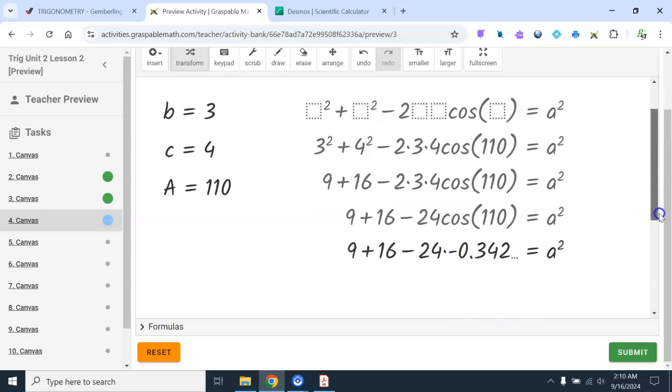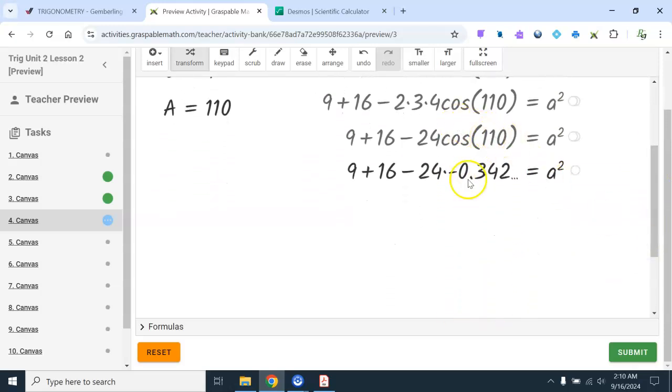The one thing I need you to be aware of is that the 110 degree angle is actually giving me a negative answer. We'll talk in greater detail about this, but if you think about a 110 degree angle on a coordinate grid, where 0 is on the x-axis and you go counterclockwise to 90, that's going to get you the y-axis.